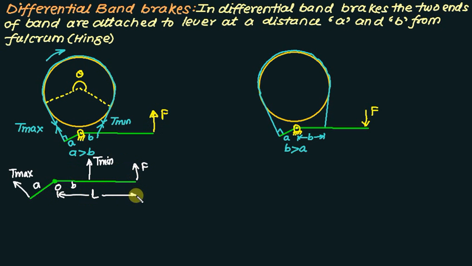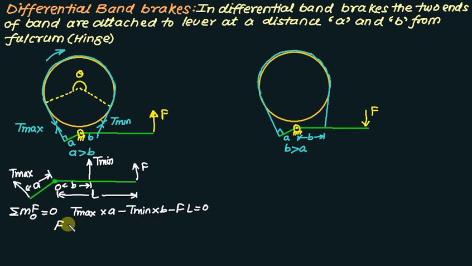This distance is L, this distance is B, and this distance is A. If I take the moment about point O, which must be 0, the moment of F about O is anti-clockwise, the moment of T max is clockwise, multiplied by distance A. T minimum will make an anti-clockwise moment, F will make an anti-clockwise moment, and this must equal 0.